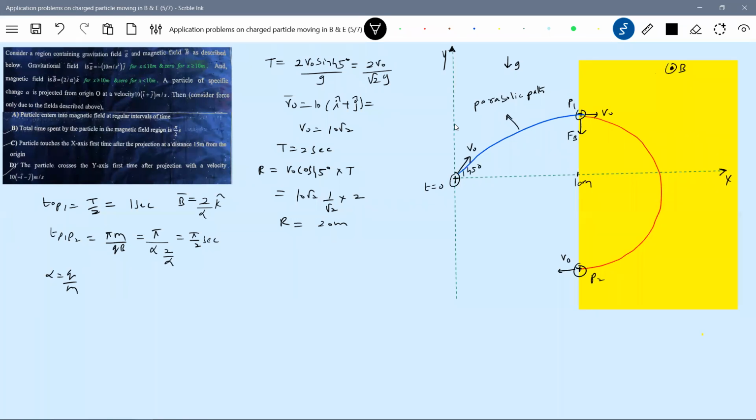The particle touches the x-axis the first time after projection at a distance of 15 meters from the origin. Okay, this is 10 meters. This will be the radius, no? So what is the radius? Small r I'll indicate. Radius r equals mv0 by qb. v0 value is 10 root 2, alpha. This is 2 alpha.